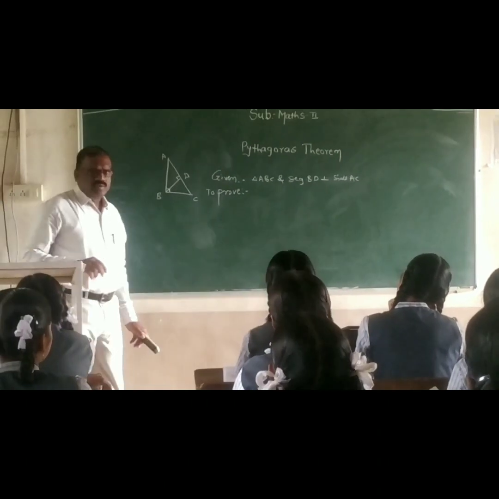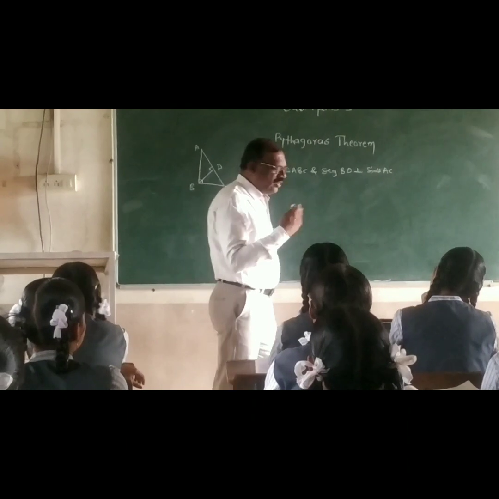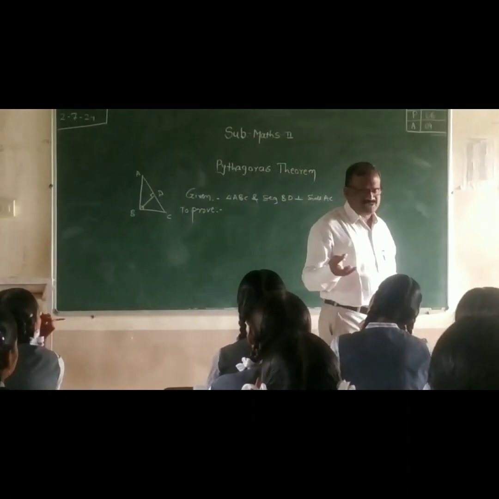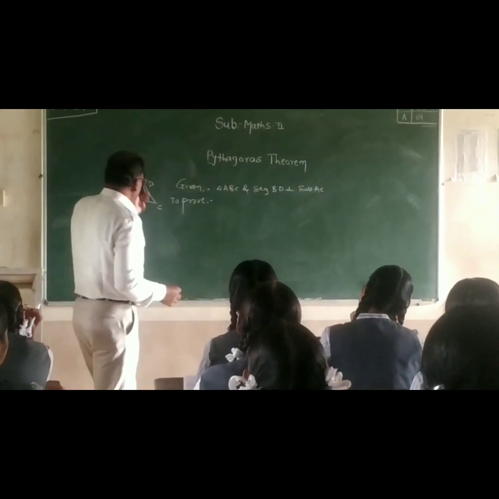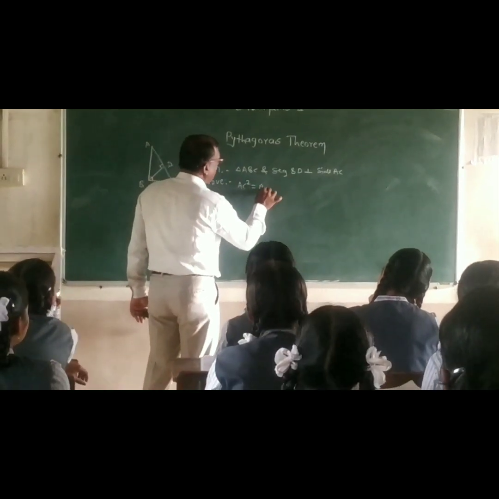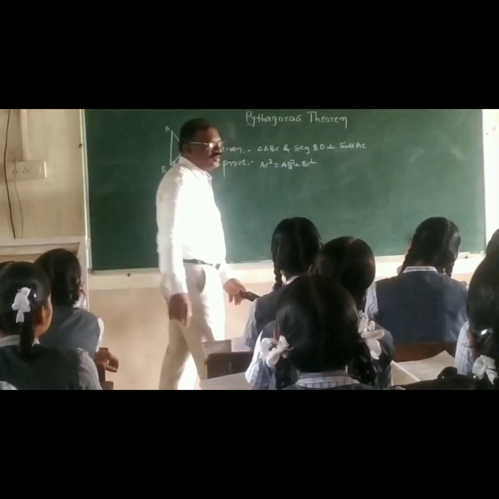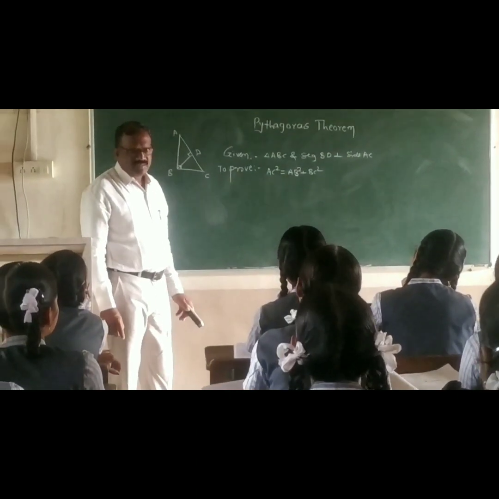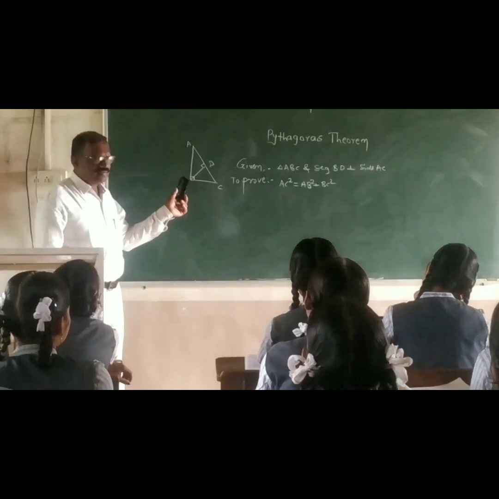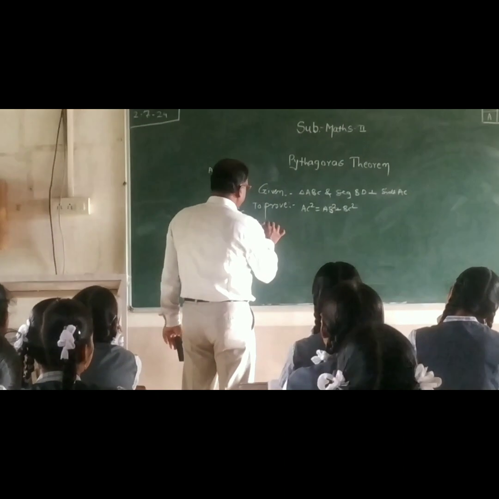You already know that the square of the hypotenuse is equal to the sum of the squares of the remaining two sides. So the hypotenuse here is AC, so AC square is equal to AB square plus BC square. Understand? And now the construction.